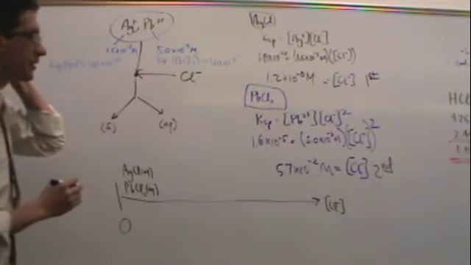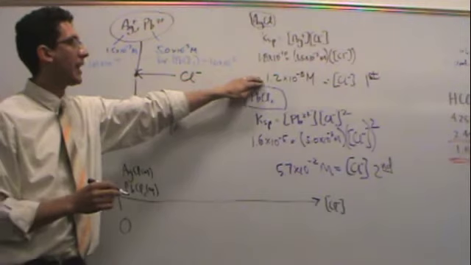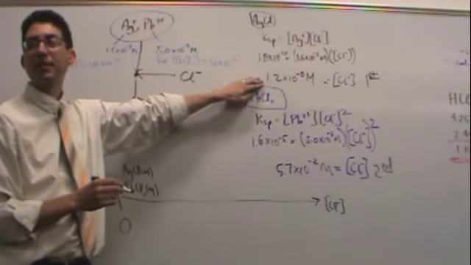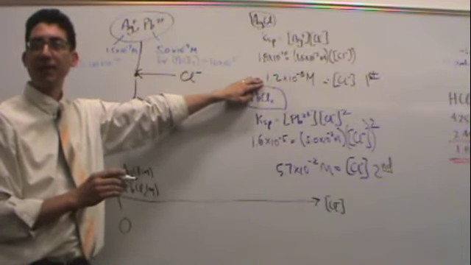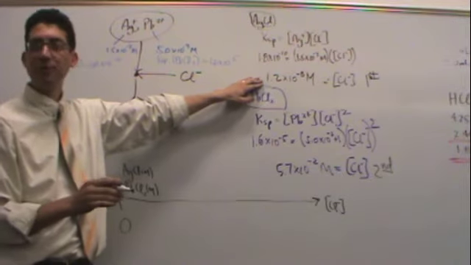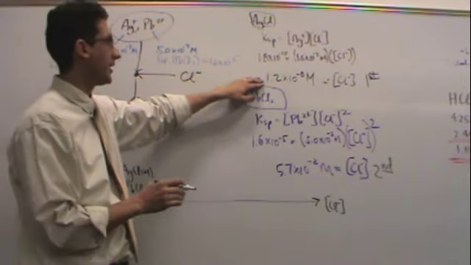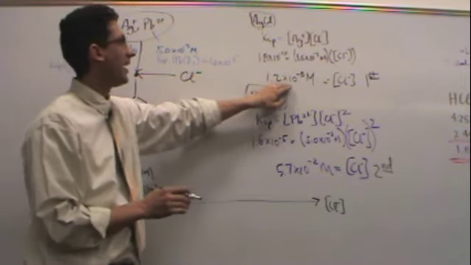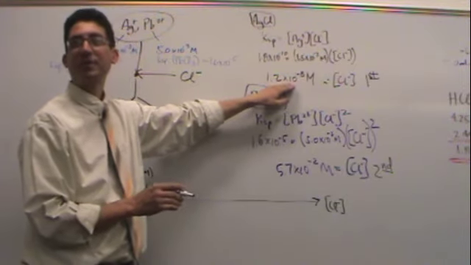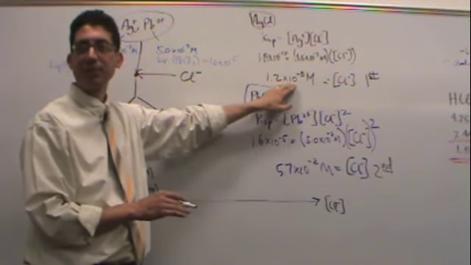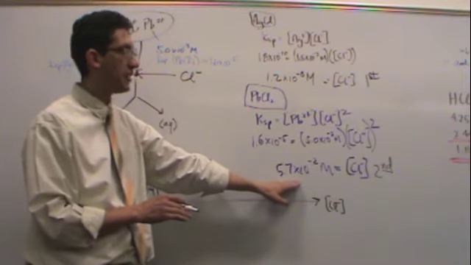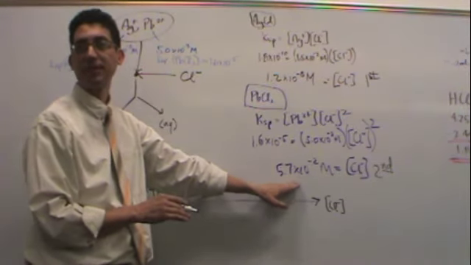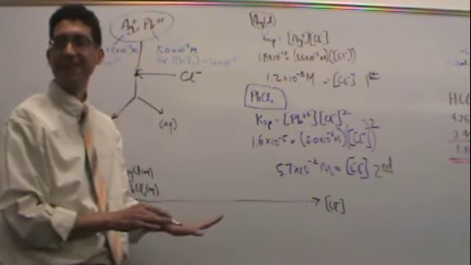Why? Because this one requires the least amount of chlorine. I think I got it mixed up in my brain a little bit. Undo that last part. I don't know if I'll be able to edit it out, but this is the smaller number, so I add less chlorine to cause this to precipitate first. I have to add more to get this one to precipitate, because this is the bigger number. Okay, did that make sense?